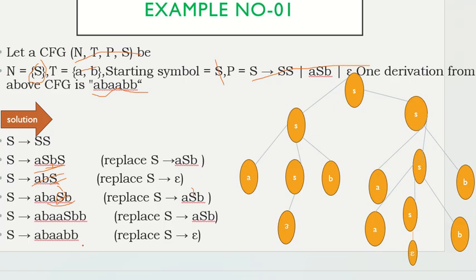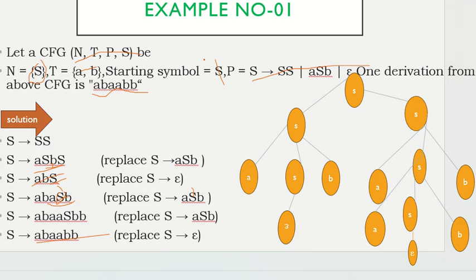Now finally replace the last S with epsilon, meaning empty, and you are left with the string. So the string is formed correctly.